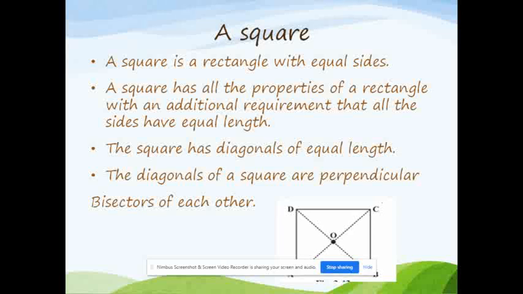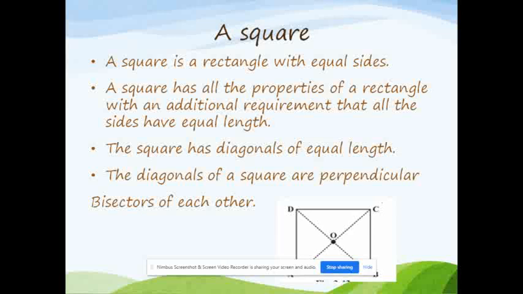I already told you, a rectangle has a pair of opposite sides equal. In a square, all the sides are equal, and a square has all its angles 90 degrees, like a rectangle.